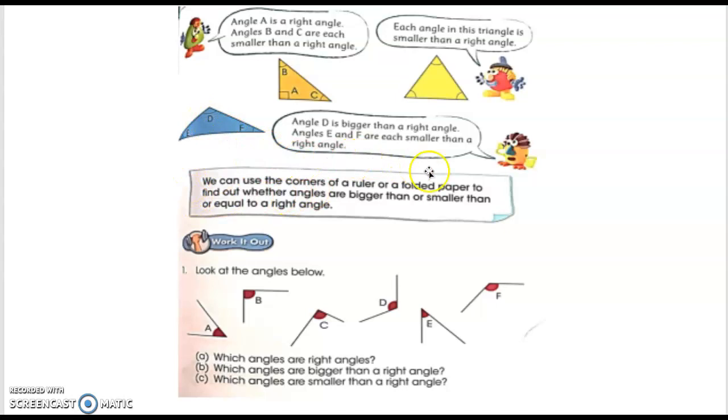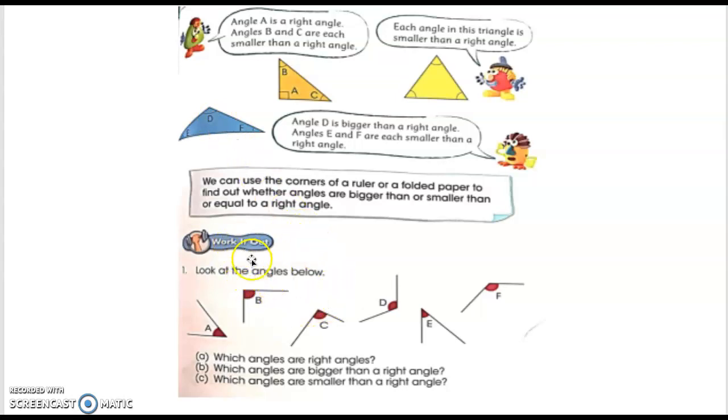Now see how you can use your equipment to check whether the angle is a right angle or has 90 degrees. The corner of the ruler can be fitted here to check whether it is 90 degrees. Likewise, a folded paper can also be used.